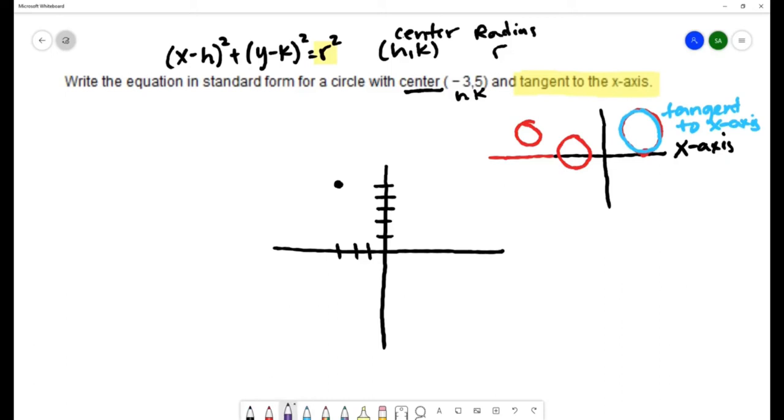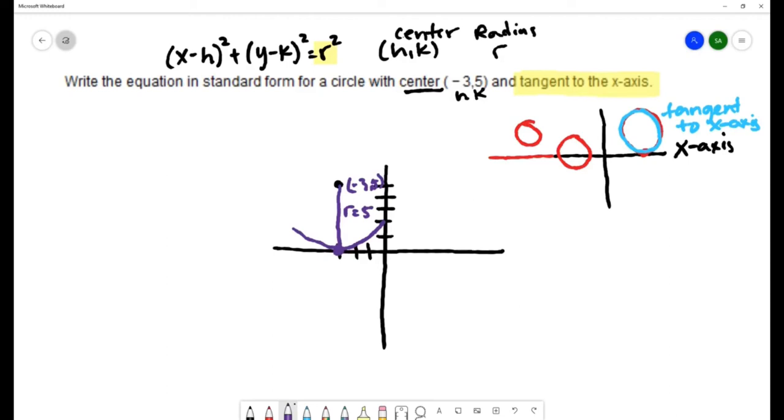So if I go down to the x-axis, this is the point the circle is touching the axis at. Because of that, it's really easy to count the distance from the center to that point on the x-axis. The ordered pair for the center is -3, 5, so our radius is 5 for this particular circle.